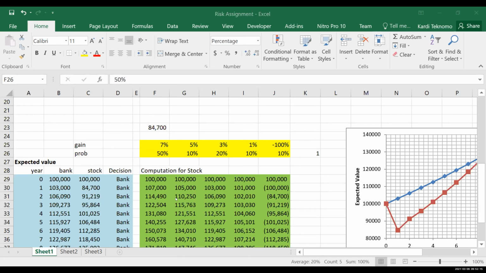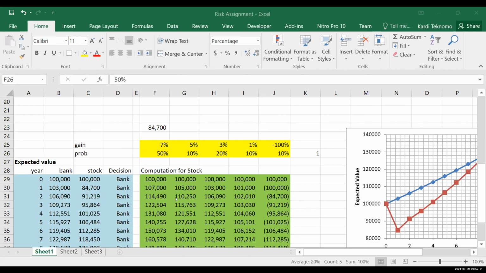Do you remember? In the slide of decision under risk, let me share it. You remember, here it is.